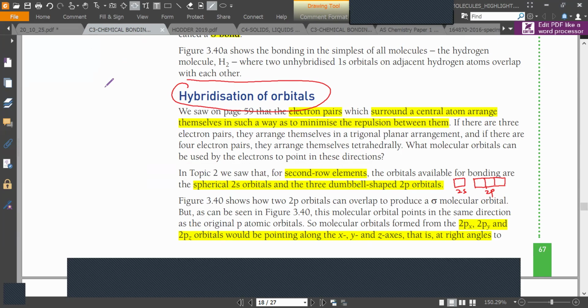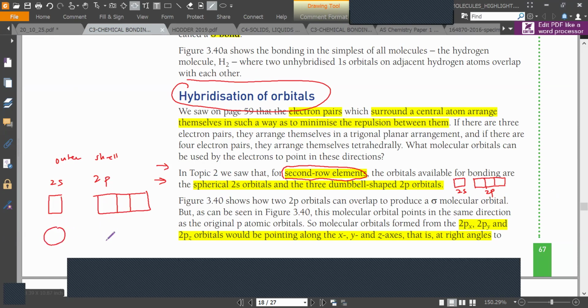Hybridization of orbitals. Mostly for hybridization, we're talking about the second row elements. In the outer shell, we have the 2s orbital and the 2p orbitals. The 2s orbital is spherical in shape, and the 2p orbitals are dumbbell-shaped, as we learned in the previous topic.